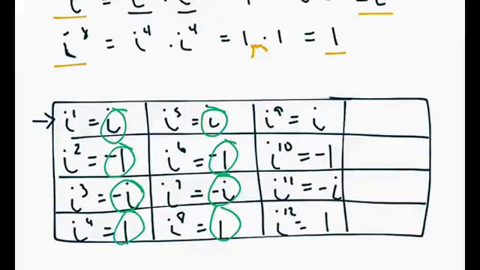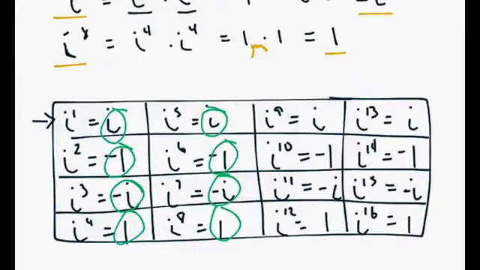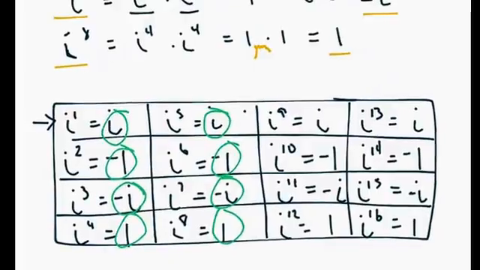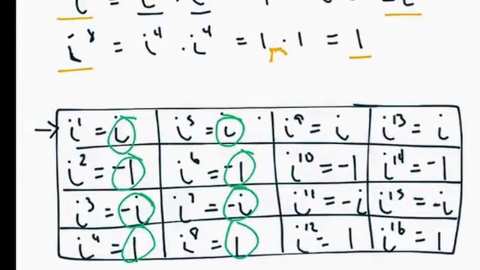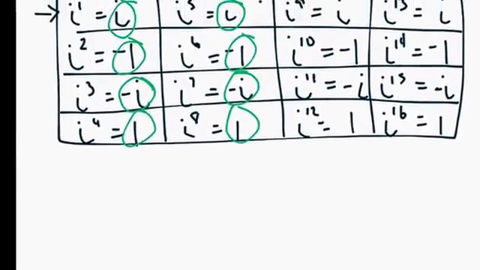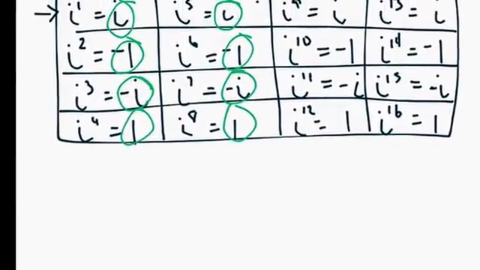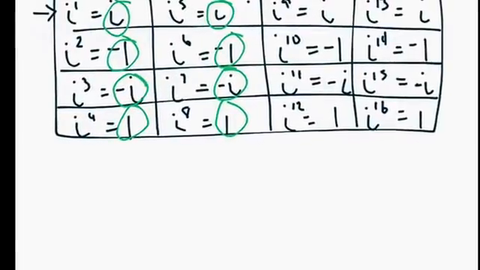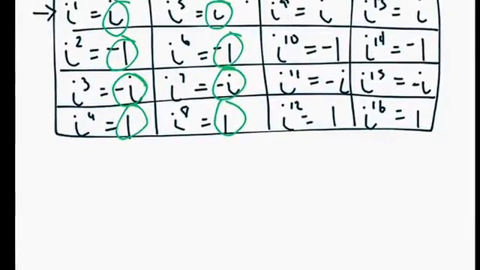So you can finish filling this out. Alright, so what we're seeing here is a pattern. What that pattern tells us is that every 4 exponents, we repeat a cycle.